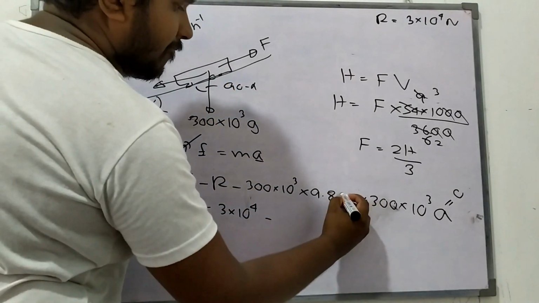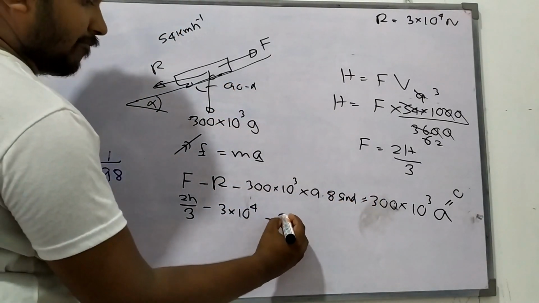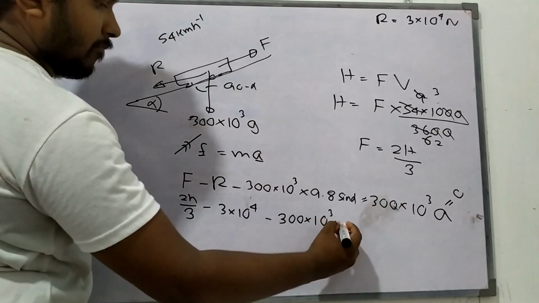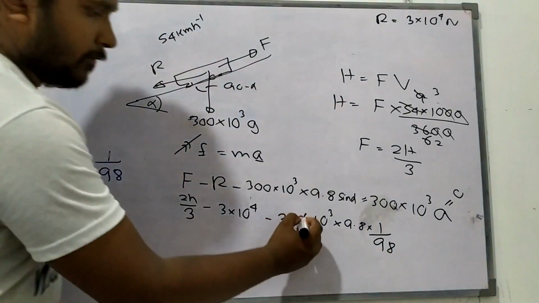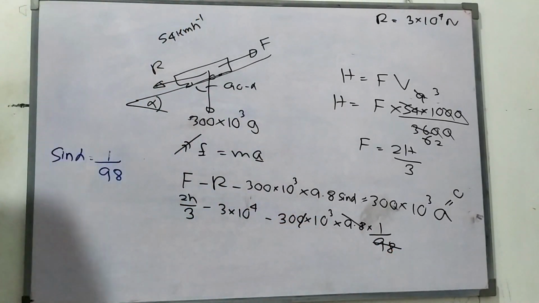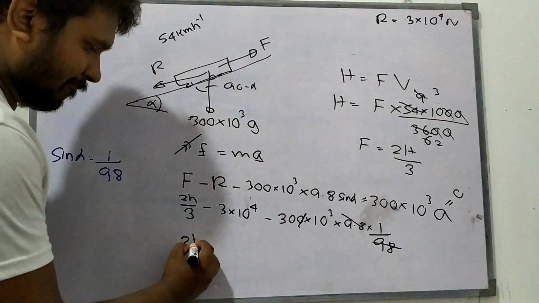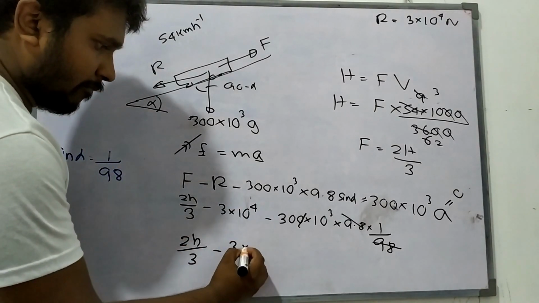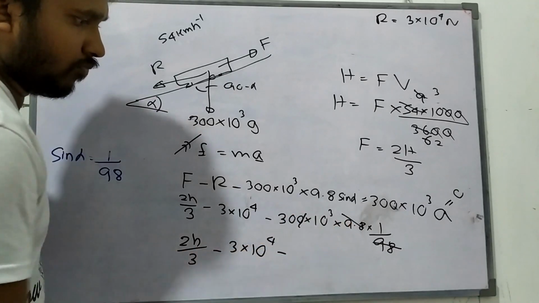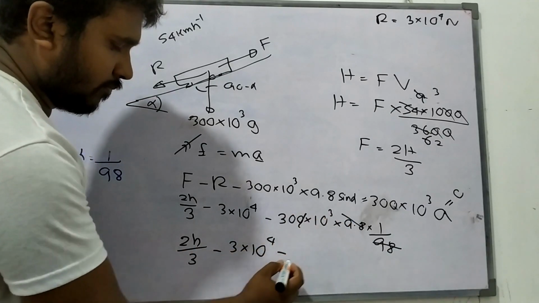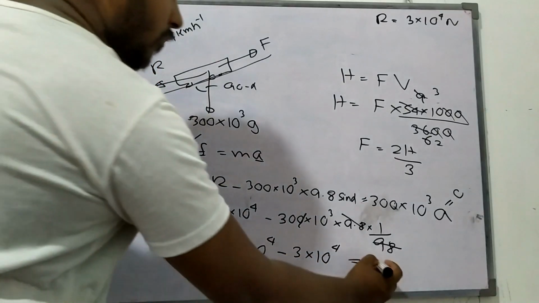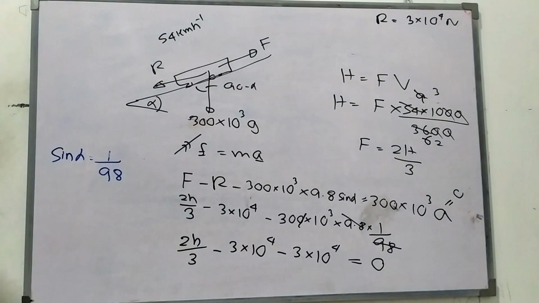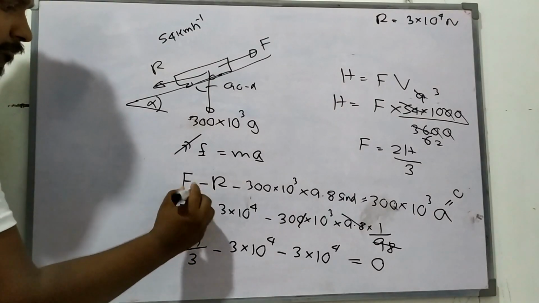Sine alpha. 98. 0 and 98 cancel. Equals 0. Alright, so now H will be, this is H, no?